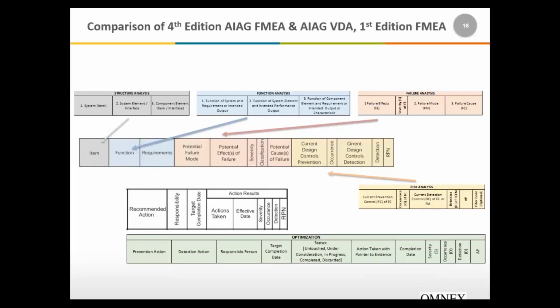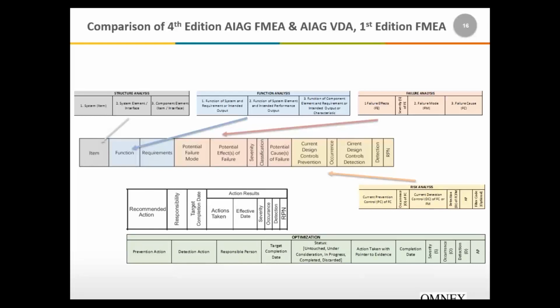All right. Next, we have an optimization step. The optimization step is fairly similar, but they've broken prevention and detection from the recommended action. And then they also have a status, and we have the objective evidence. We have Jorge Correa from Intertech, and we have Rod Gray from Flextronics, who are going to be part of a panel discussion.